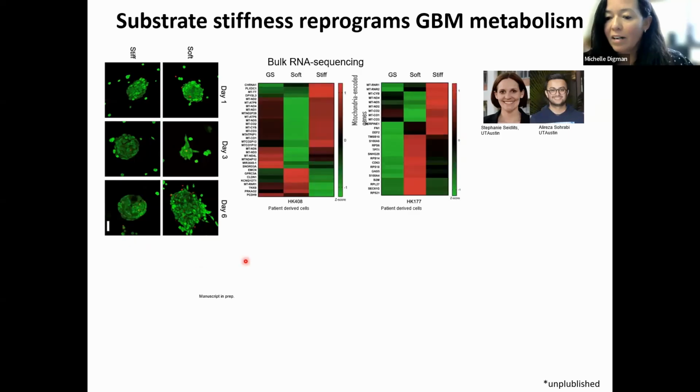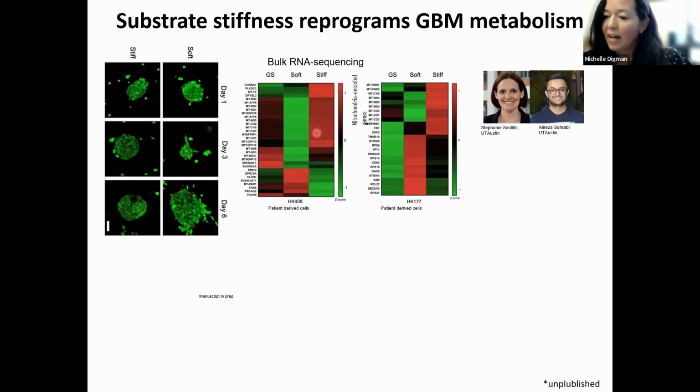So they did bulk RNA sequencing, and they looked at these heat maps, and you can see here that the heat maps are for mitochondrial encoded genes or markers.